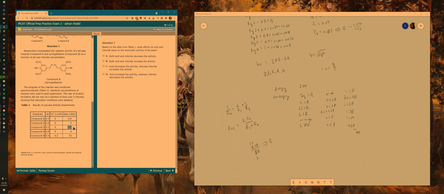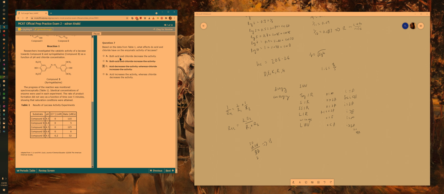Compound 3 without it at the same pH has that rate, and with some chloride, it's like a third. So chloride should decrease the activity. I also have my pinky on the S, so I do Alt S, because I know that chloride decreases the activity, and these both have that.